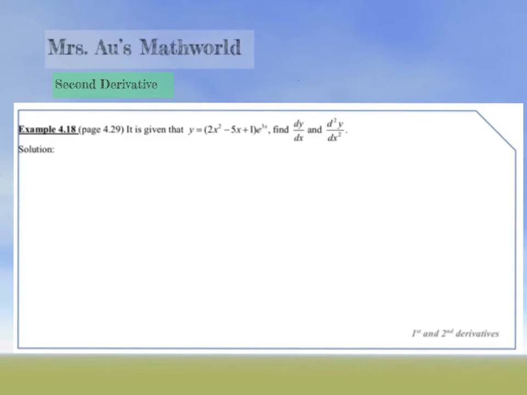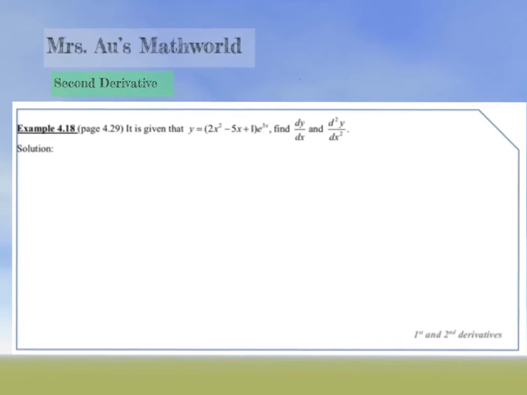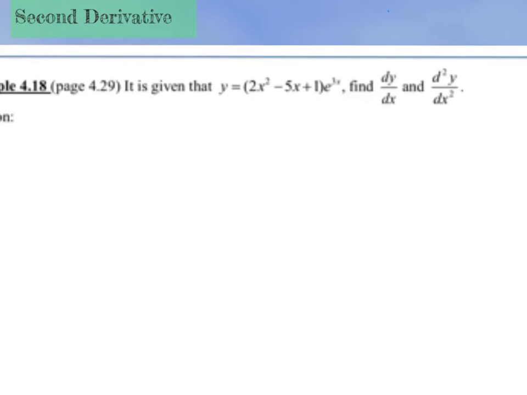So this one looks like a routine calculation, right? But it is a little bit interesting compared to the last one. Anyway, let's start. So we start from the first derivative by using the product rule.